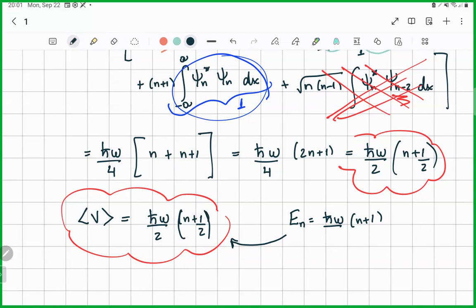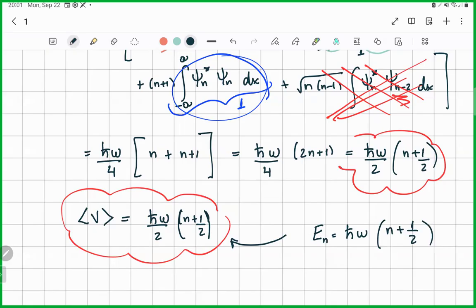So let me rewrite this like this. And now let me rewrite properly the equation for the energies of the stationary states for the harmonic oscillator. We found that the energy of each state, psi n, is h bar omega, n plus half.